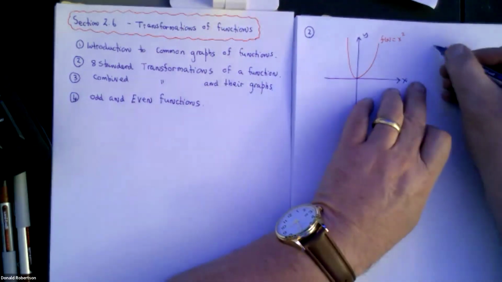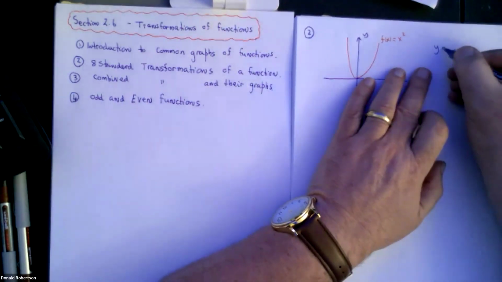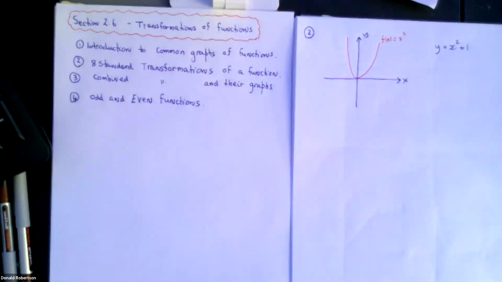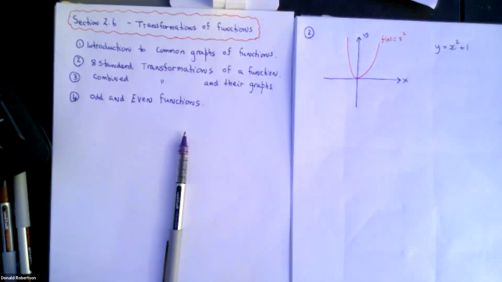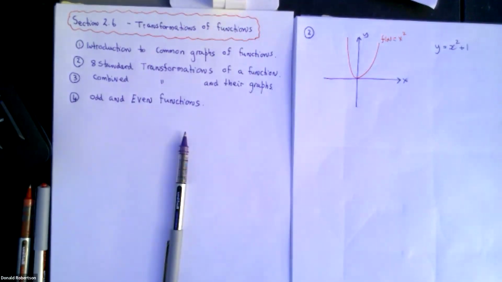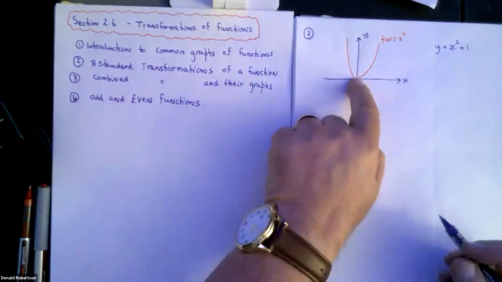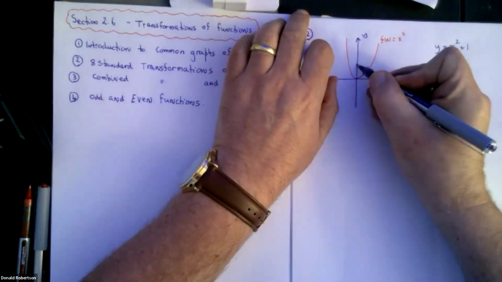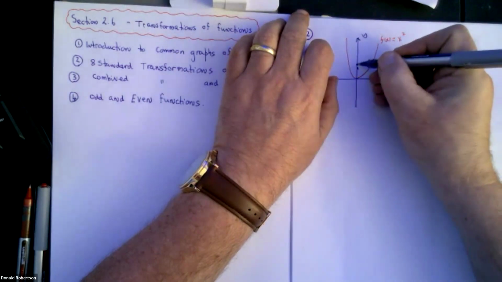For instance, if you did y equals x squared plus 1, suppose you did that, and you graphed it, you might think, well, what does it look like? Well, if you use the same graph as you've got here, x squared plus 1 would look just like the original.